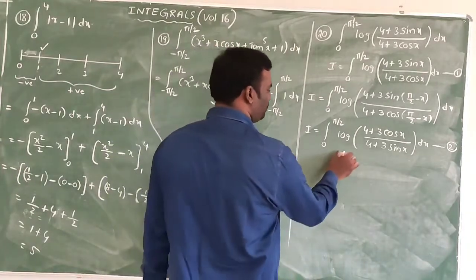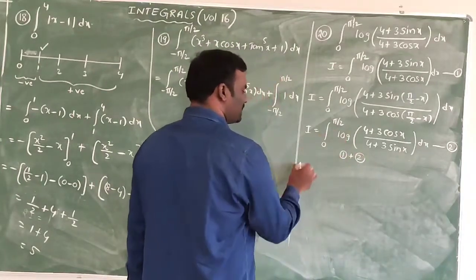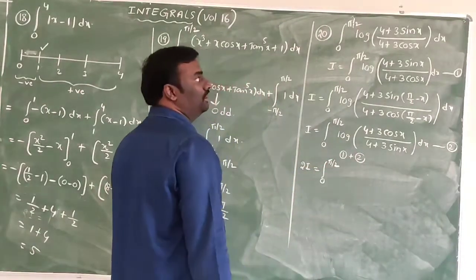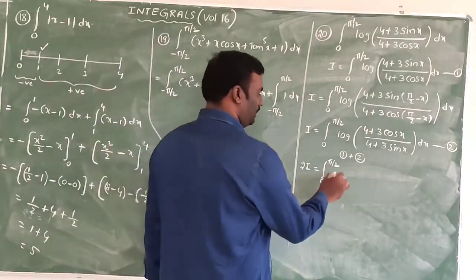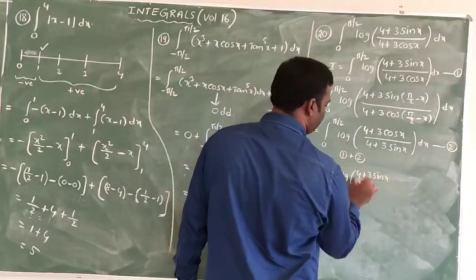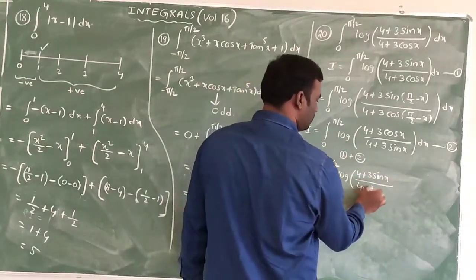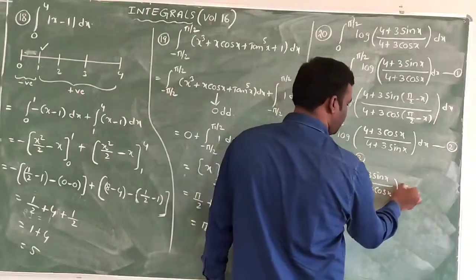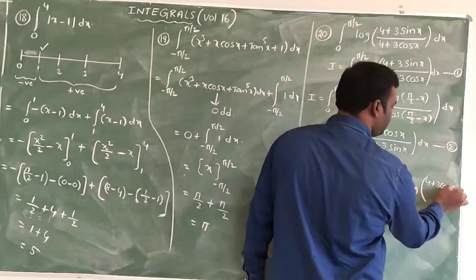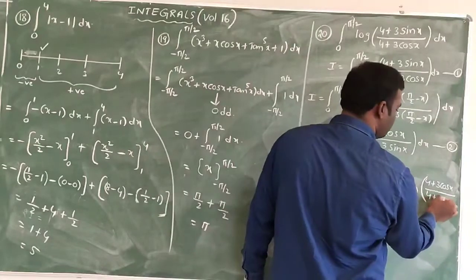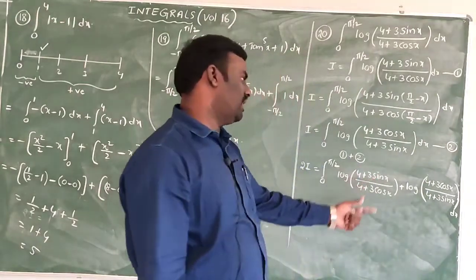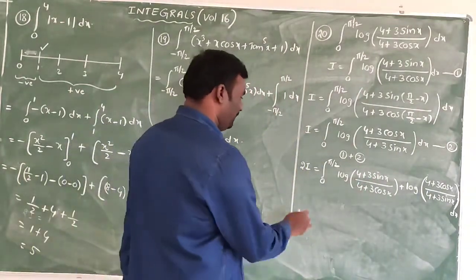Now, adding 1 and 2: I plus I, 2I equals integral 0 to pi by 2 of log of (4 plus 3 sin x) by (4 plus 3 cos x), plus log of (4 plus 3 cos x) by (4 plus 3 sin x) dx. It is in the form of log a plus log b equals log ab.